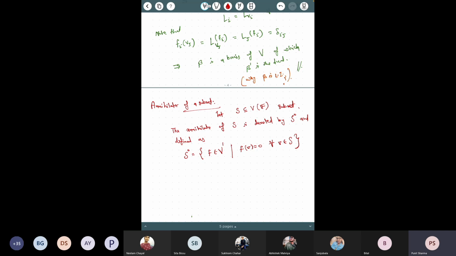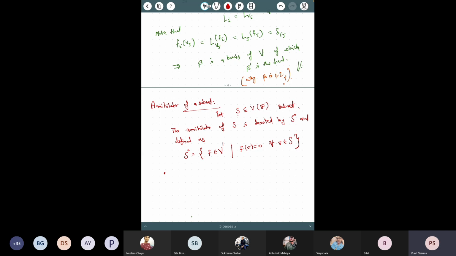Now you can verify whether S naught is a subspace or not. Here I did not assume anything on S. S is just a subset. You can see that S is a subset of V, but the annihilator of S is a subset of V dash.